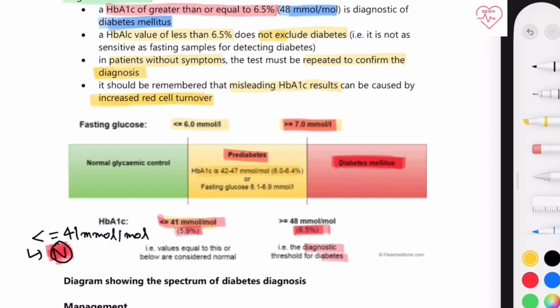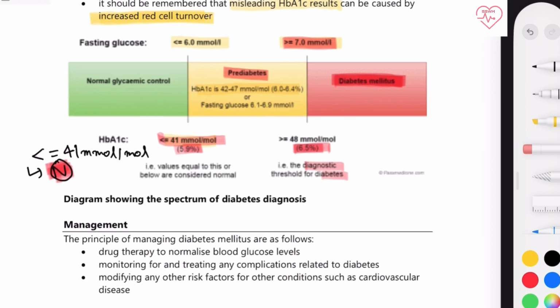If it is less than 6.0, that could be 40 to 47 millimole, that could be pre-diabetes. And if it is less than 5.9 or 41 millimole, that is considered normal, right? So here we are completed with the investigation.